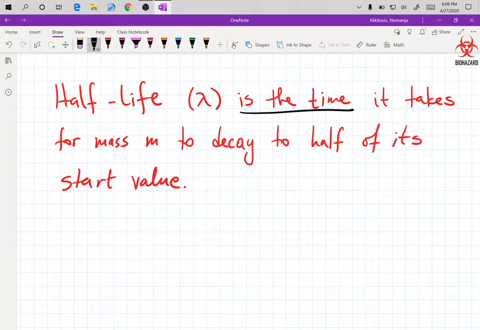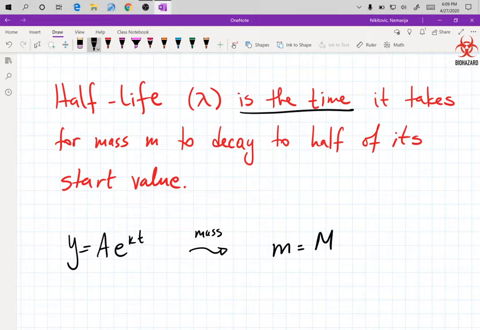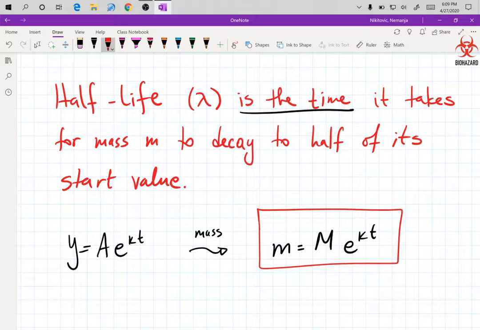So if I take my formula y equals a e to the kt and transform it into my mass equation, which looks like this, hey, it's the same. I just dressed it up. We want k to be less than 0 for decay.